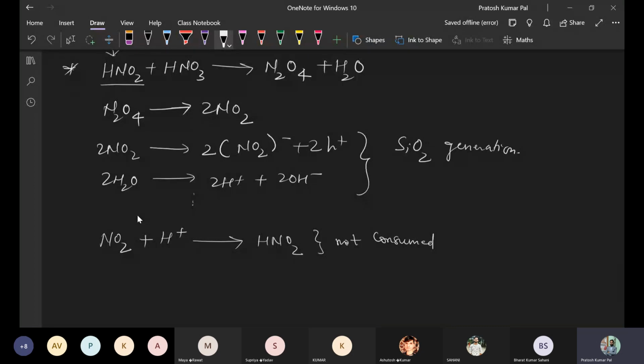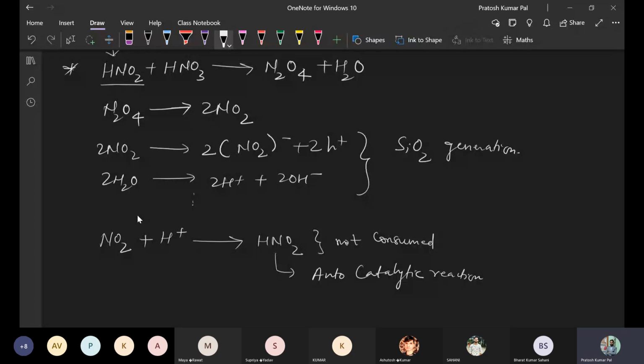So that's why this is called an autocatalytic reaction. It is working as a catalyst, and it is not consumed, it is formed by itself. So it will keep creating the reactions, making the reactions run.